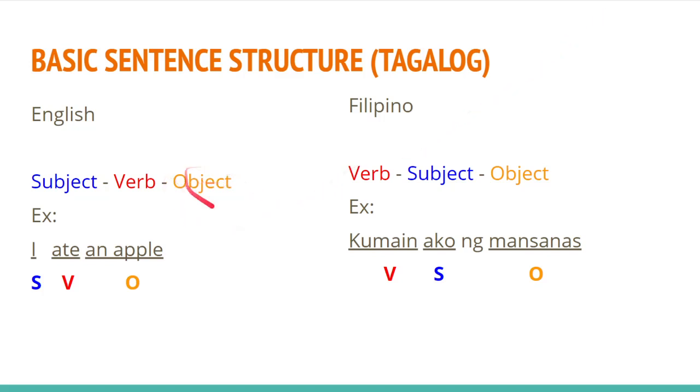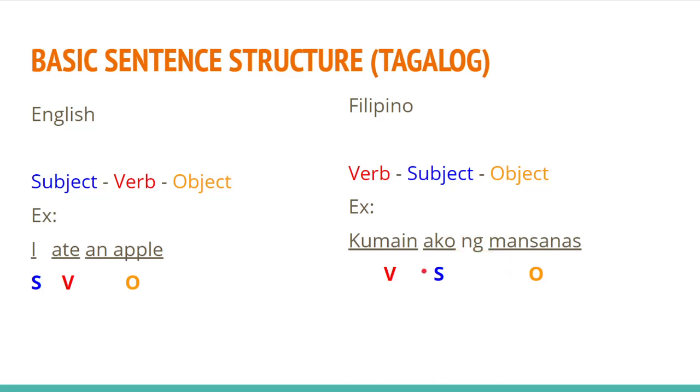But this time it's object, meaning a thing, or gamit. It's more about the sentence structure, so object is the one that supports the subject, direct and indirect object.